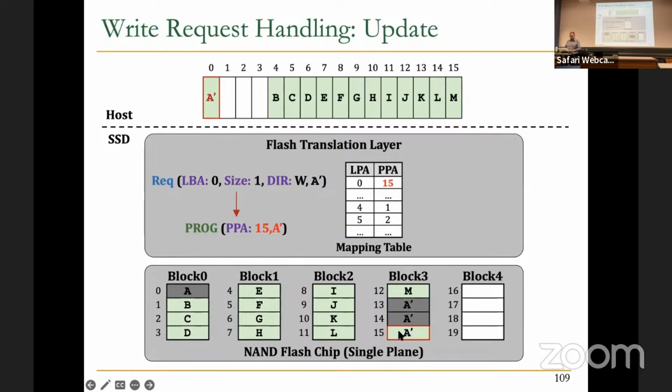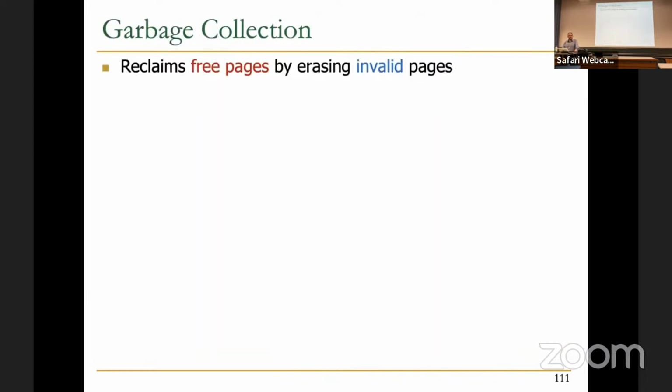Then another update, and at some point, you are running out of free pages. You don't wait until all pages have been written and then say, oh, what can I do? You really need to be a bit proactive. Once you see that you don't have many pages remaining, you need to basically call for this operation, which is garbage collection.